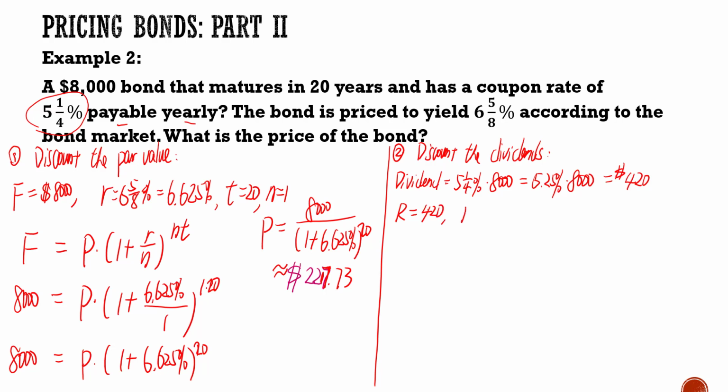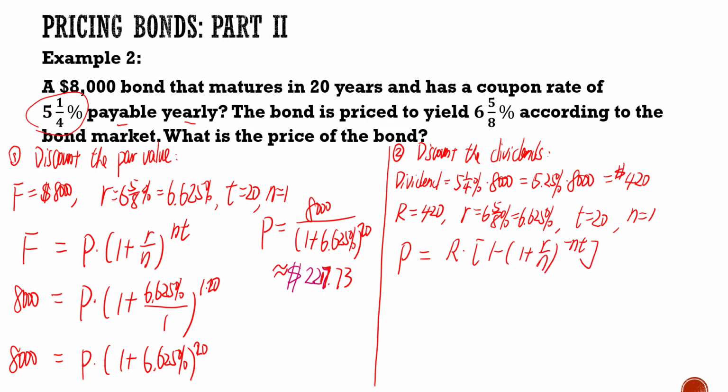The market rate is 6.58%, which is 6.625%. Time t equals 20 years, and the compounding period equals 1. So we're looking for the present value of the annuity. So present value equals the regular payment times 1 minus 1 plus r over n to the negative nt, over r over n.